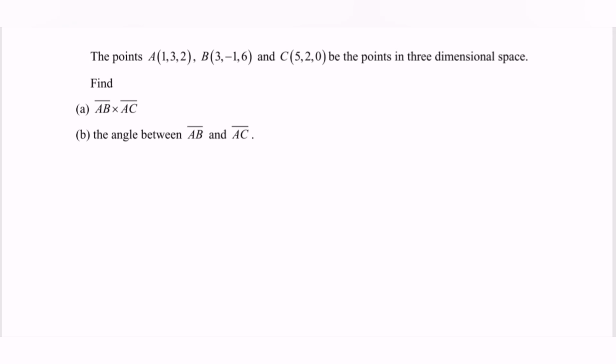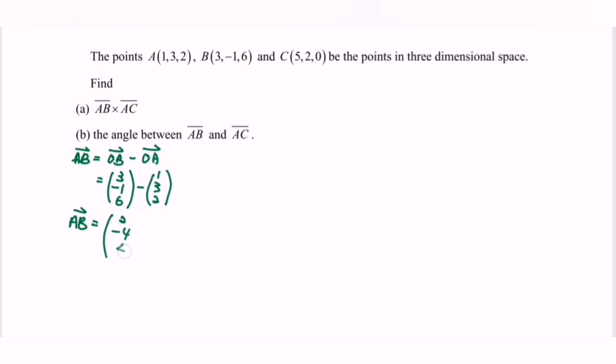Before we begin, kindly determine the vector AB, where we have OB minus OA. So OB will be (3, -1, 6) minus OA, where we have (1, 3, 2). So the vector AB is equal to (2, -4, 4).